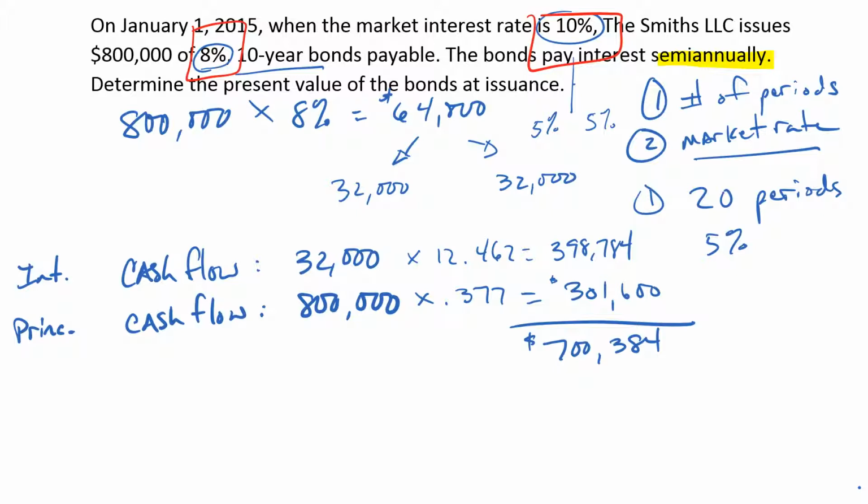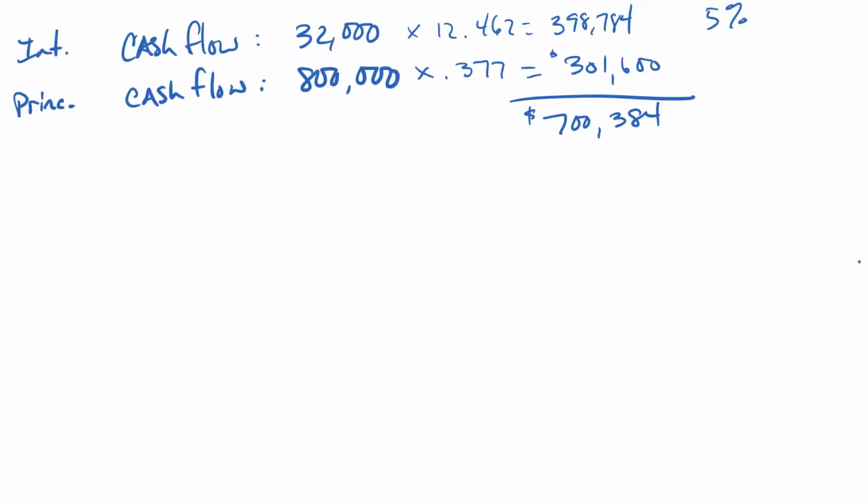And then, of course, we would commonly be asked to make the journal entry here. So let's go ahead and do that. Okay, and I think the date was January 1. On January 1, we issue these bonds, and so we would debit cash for 700,384.